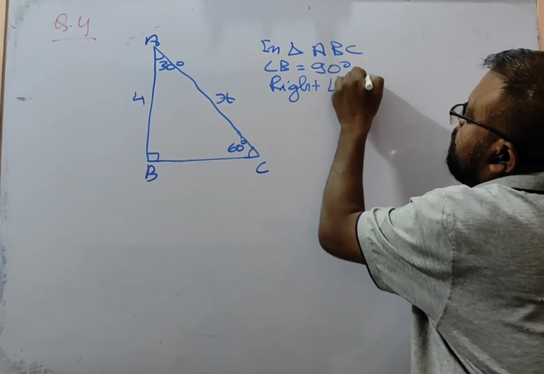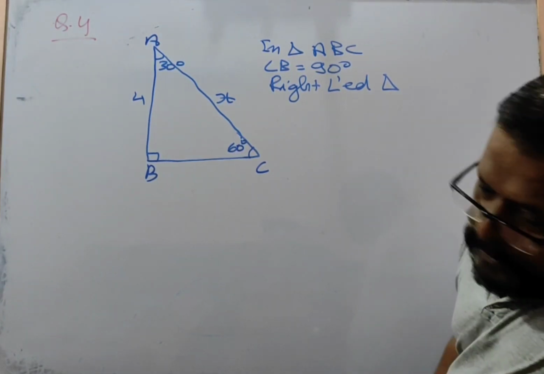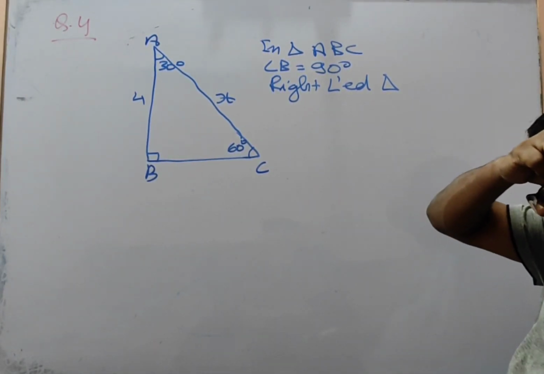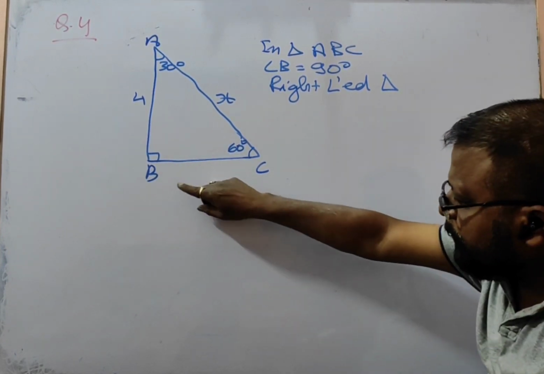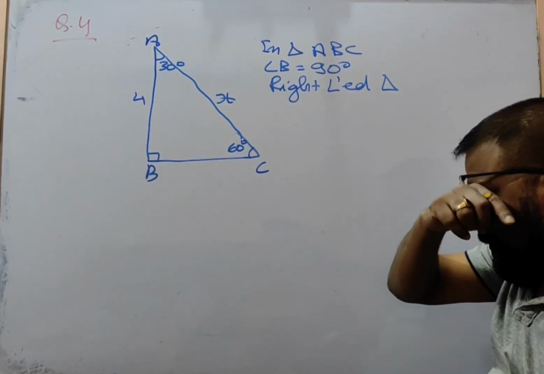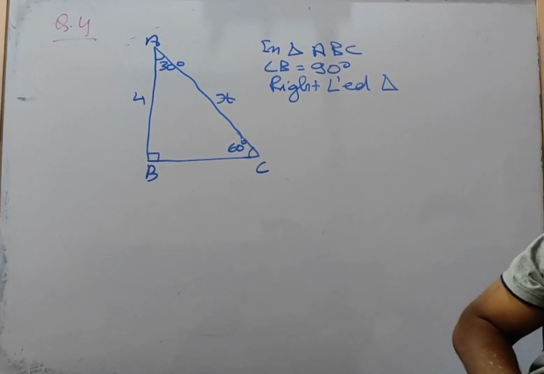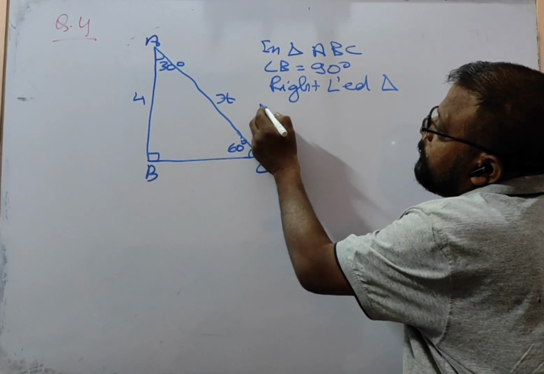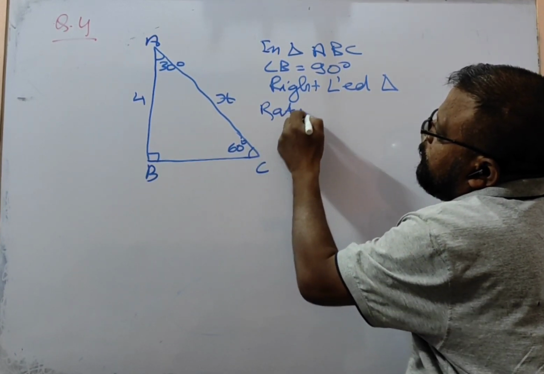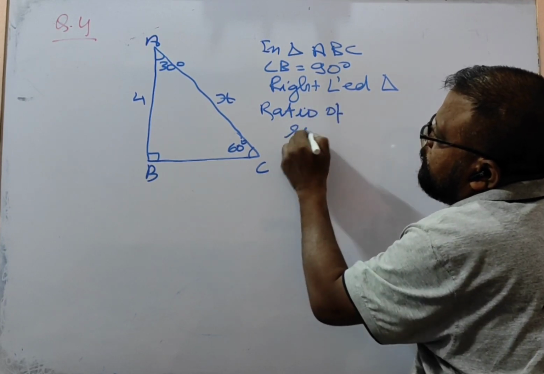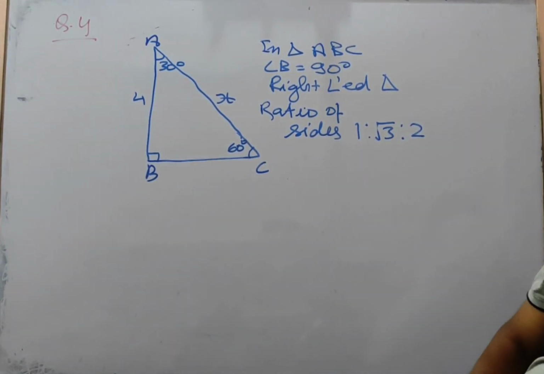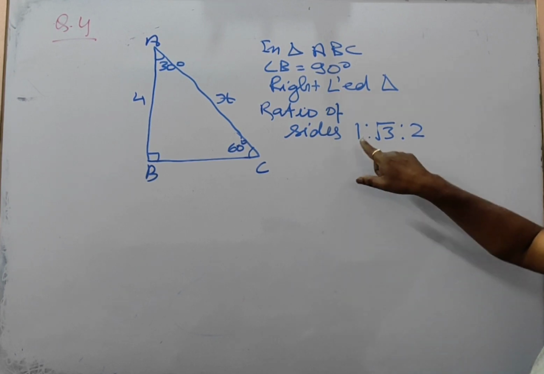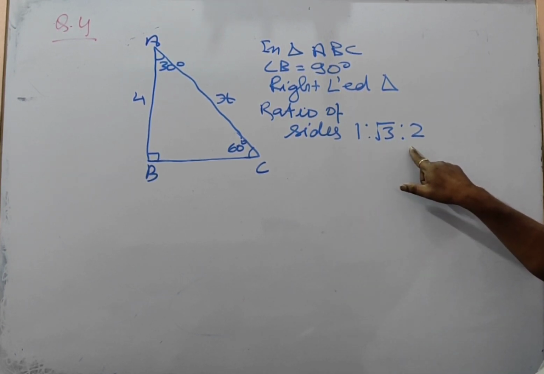It is given to you, it is written in your sheet that in this type of triangle, when one angle is of 90 degree, another one is of 60 degree, then 30 degree, then we have the ratio of sides 1 is to root 3 is to 2, right?